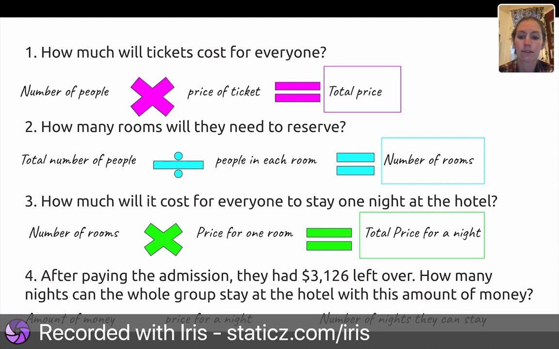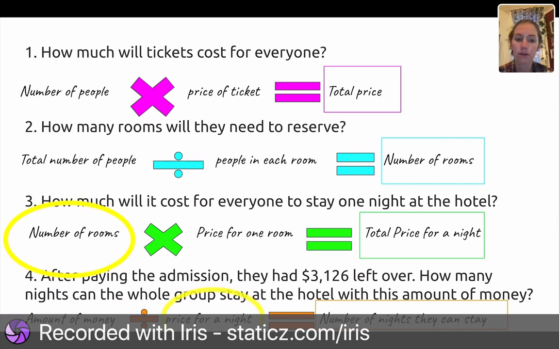How many nights can the whole group stay at the hotel with this amount of money? So we start with how much money they have, and we're dividing it by the price for each night to find out the number of nights they can stay. So that's division. And most of you were able to figure that out. So good job. That means you really understand multiplication and division.